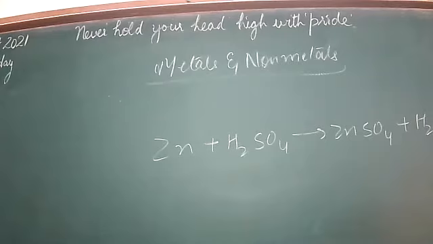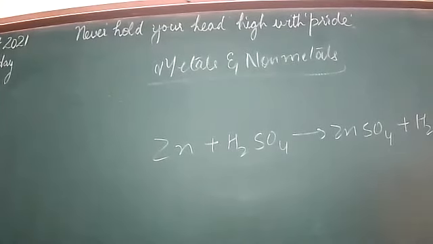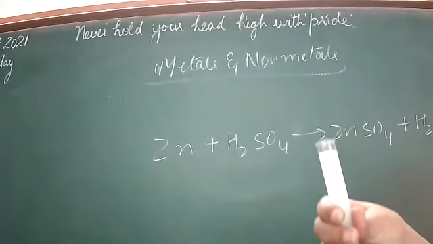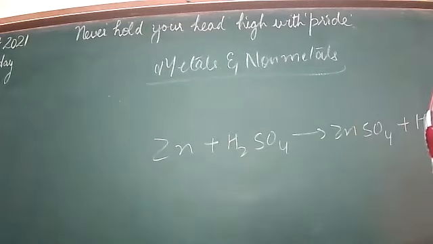Till then, see how hydrogen gas is evolving, because zinc and HCl are reacting and hydrogen gas is evolving. You can see the bubbles coming out over it. Okay, so what do we conclude?